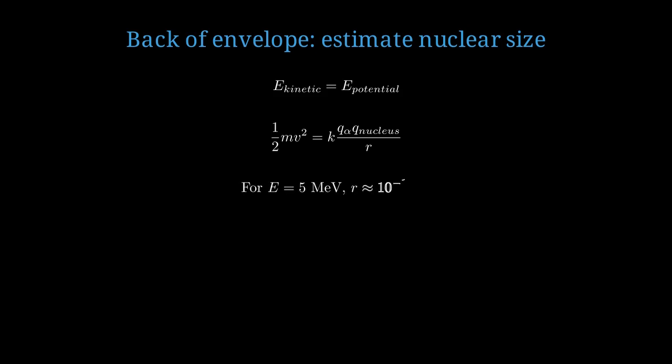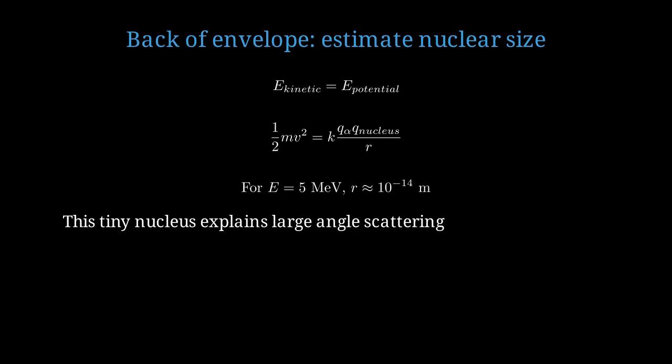For alpha particles with energy 5 megaelectron-volts, solving gives R approximately 10 to the negative 14 meters. That's about 100,000th the size of the atom. This incredibly small nucleus creates an intensely strong electric field very close to it. An alpha particle passing near this concentrated charge experiences enormous force, causing large deflections.